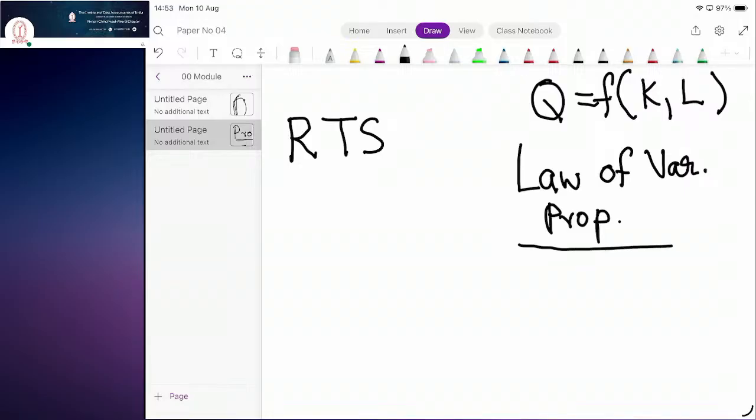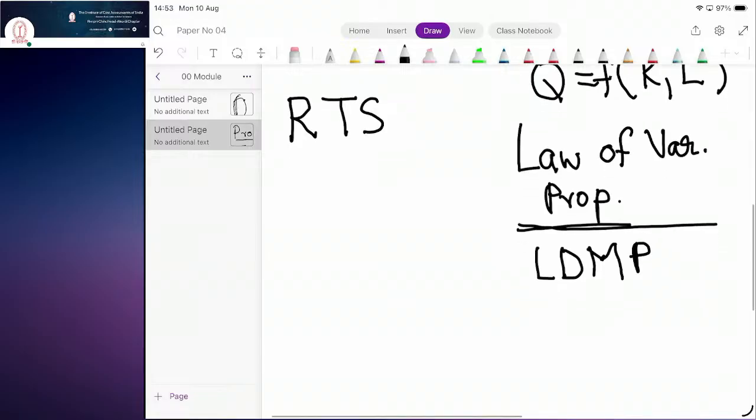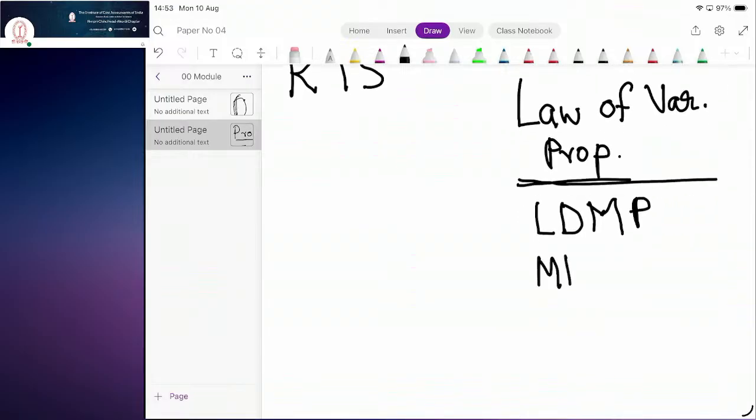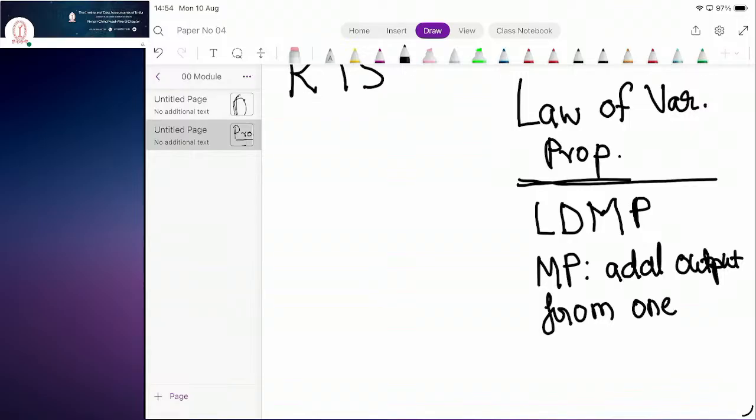The law of variable proportions states that when the variable input increases, eventually the marginal product will diminish, and therefore we also call this the law of diminishing marginal product. What is the meaning of marginal product? It is the additional output from one more unit of input.